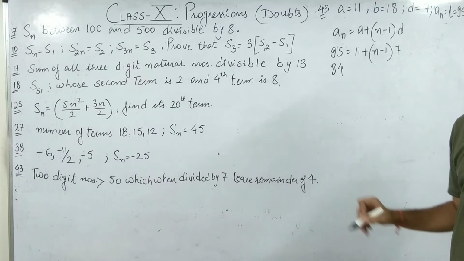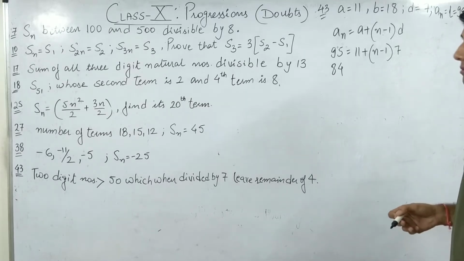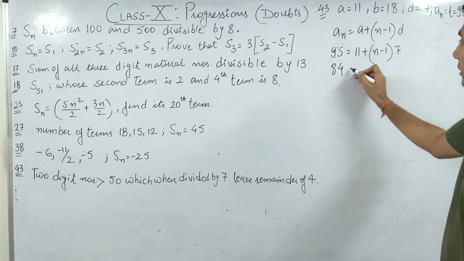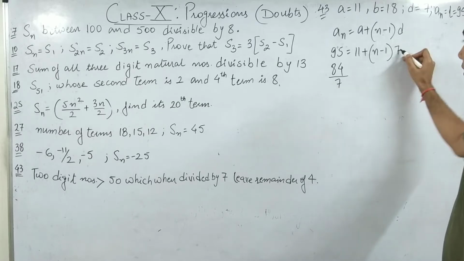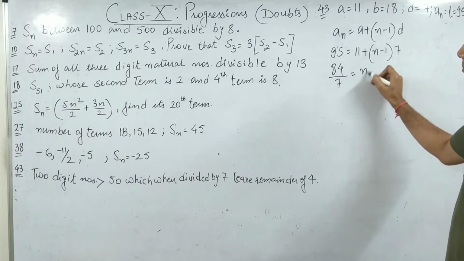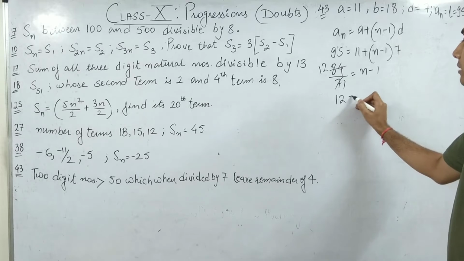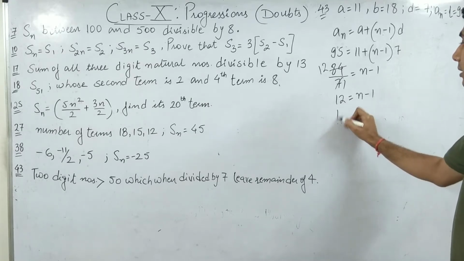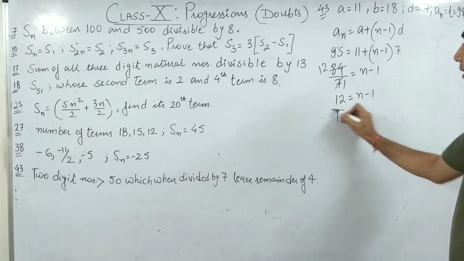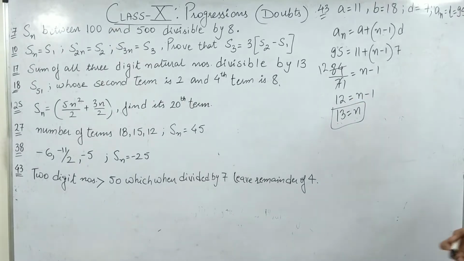Hopefully I'm not too fast. Are you getting this? You must be getting this. 84 divided by 7, guys, because the 7 will go over there, it will become n minus 1. 7 ones are 7, 7 twos are 14. So 12 should be equal to n minus 1, or 13 should be equal to n. So how many numbers are over there? 2-digit numbers which should be greater than 50.